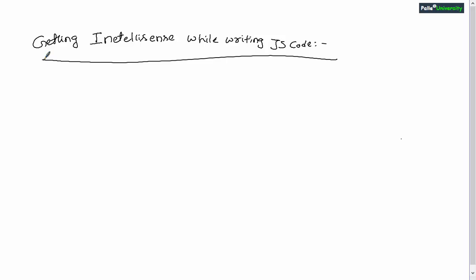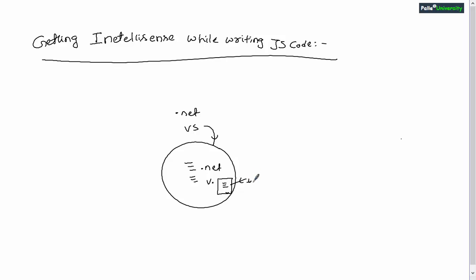You remember, in case you are a .NET developer, you will probably be using Visual Studio for writing .NET code. When you are writing any .NET code, usually after typing any variable name and a dot, you will get the IntelliSense window. By looking at the information present in the IntelliSense window, you can easily write the .NET code.